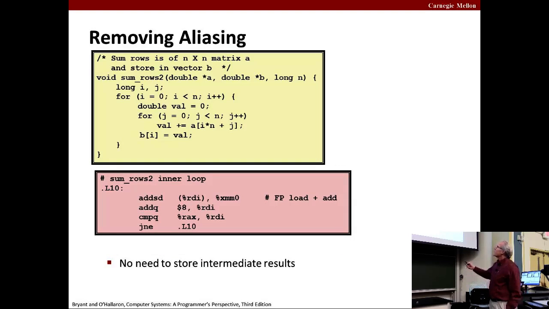And so if I just rewrite this code by introducing, again, a local variable and accumulating in that local variable, and then only at the end do I assign that to B sub I, then you'll see this exact same loop all of a sudden gets a lot simpler. It's just a read, floating point read, and add to do that.